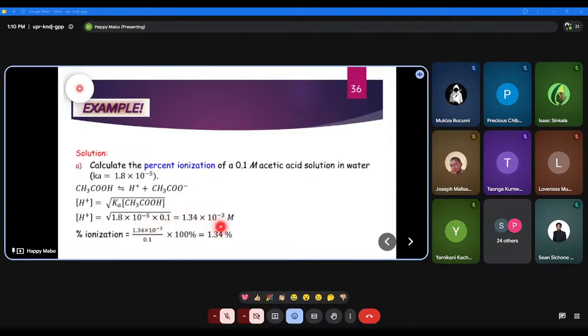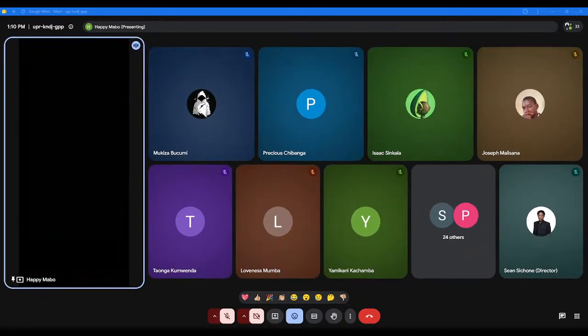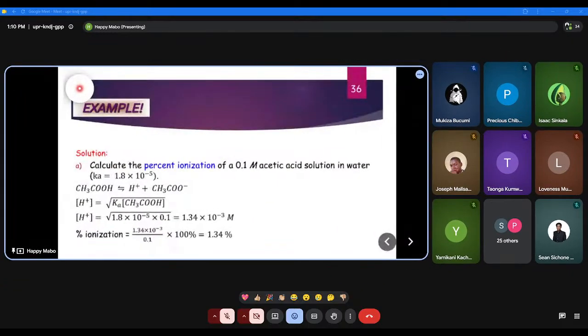So this is the amount that dissociated from this particular acid, given that the acid is a monoprotic acid. Only one hydrogen atom will be given out per molecule of these species. That's what this means.